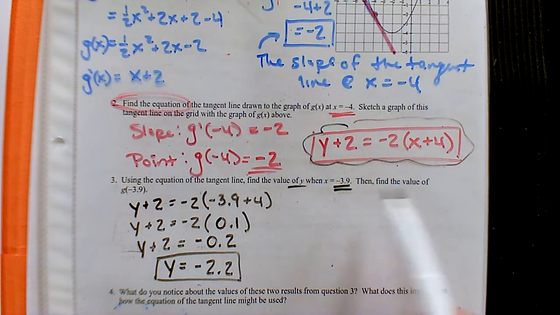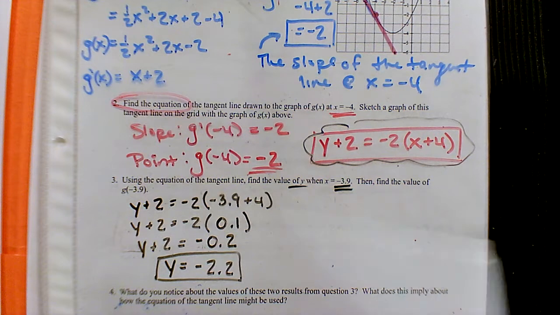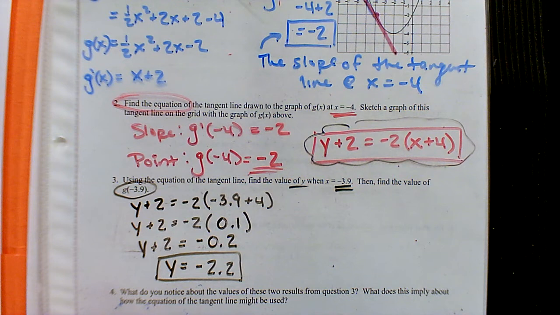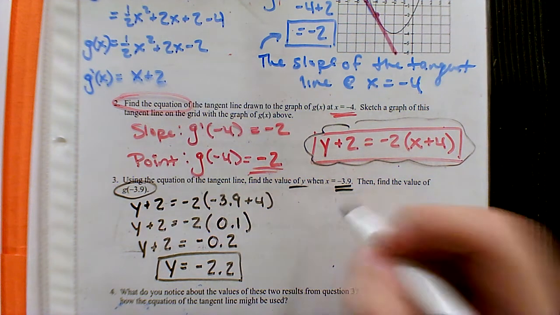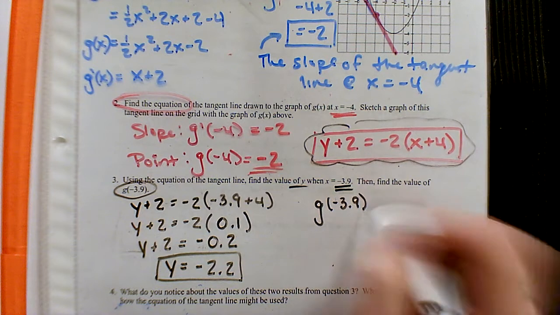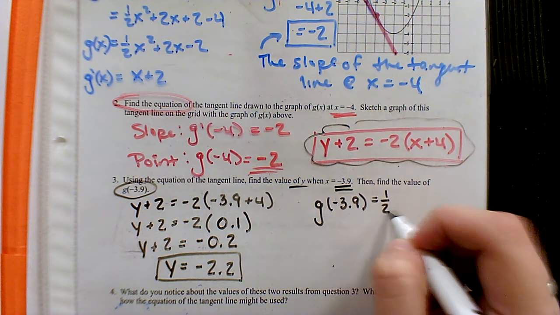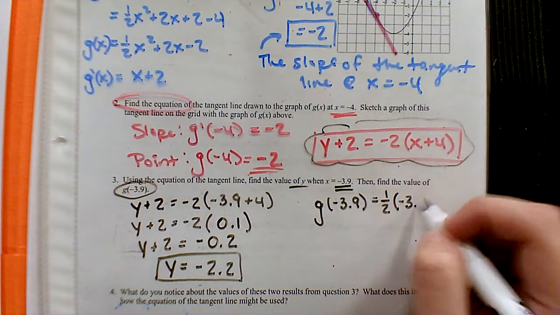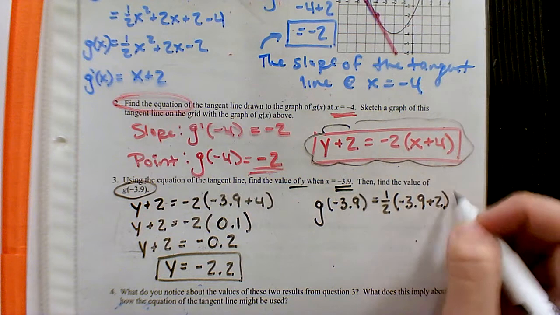Good to go. Second part of the question, then find the value of g of -3.9. What's that asking or telling us to do? Plug it back into the original. So we're going to plug -3.9 into the equation at the top. You may need a calculator for this one, so if you have one handy, go ahead and bust it out.